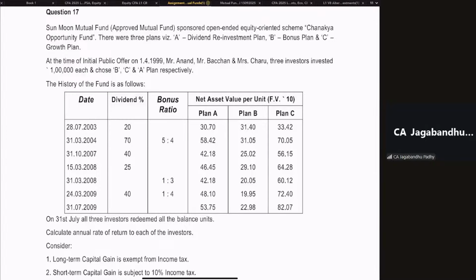All those things are possible in case of an open-ended fund. If it's closed-ended, you can't return your units back to the mutual fund. Rather, you'll have to sell them in the market because they will be listed in the market. So in open-ended, the mutual fund is going to buy and sell from you, whereas in closed-ended, if you want to buy additional units or liquidate your units, you'll have to go to the market.